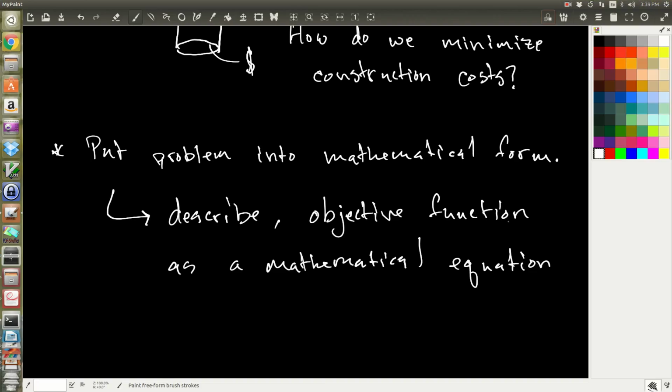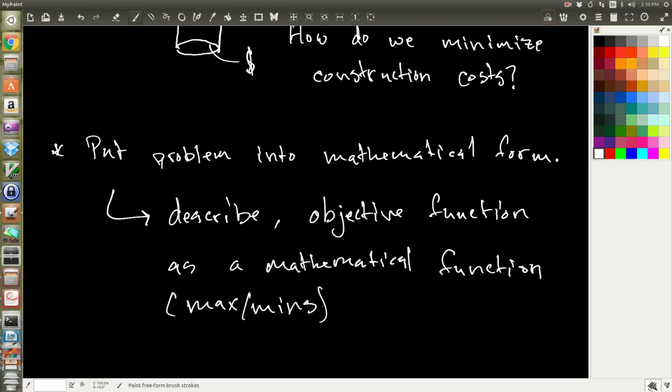I guess I should say function. Mathematical function. That's the function whose optima we're going to look for. So we're going to try and find the objective function's maxes or mins.